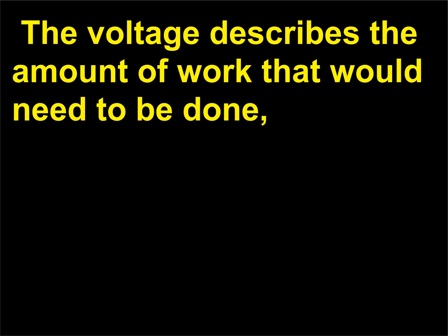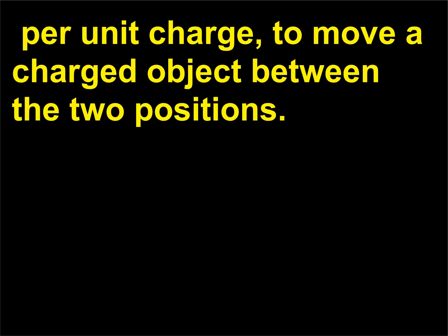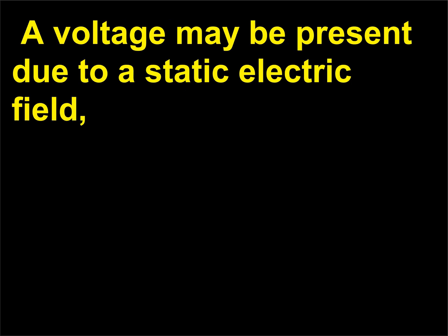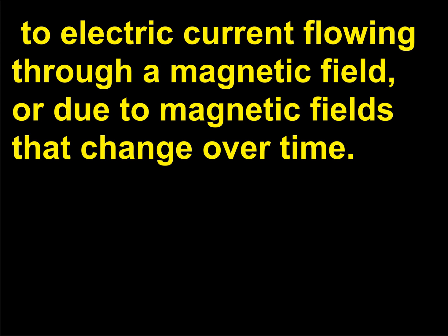The voltage describes the amount of work that would need to be done per unit charge, to move a charged object between the two positions. A voltage may be present due to a static electric field, to electric current flowing through a magnetic field, or due to magnetic fields that change over time.